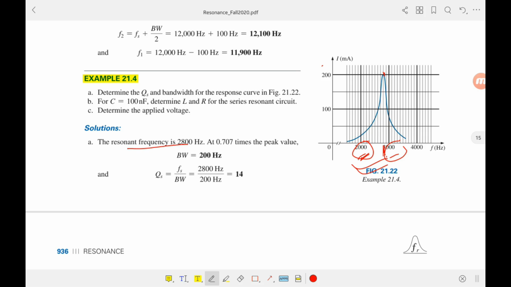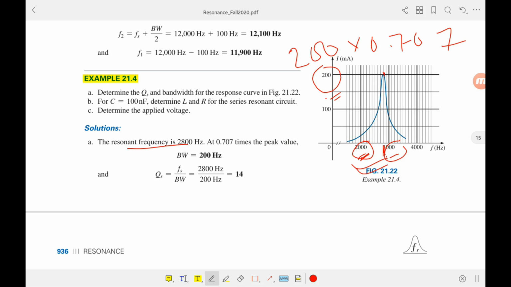So you know that the bandwidth generally appears at 0.707 of the peak value. So the peak value is 200. If you multiply 200 by 0.707, then you will receive some value close to there, probably 141 or something.